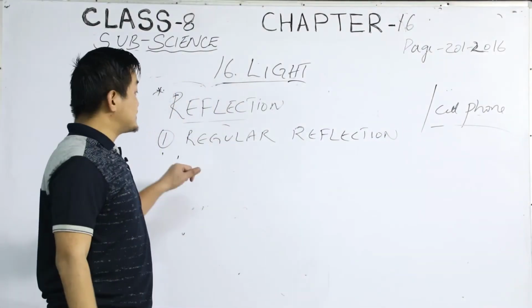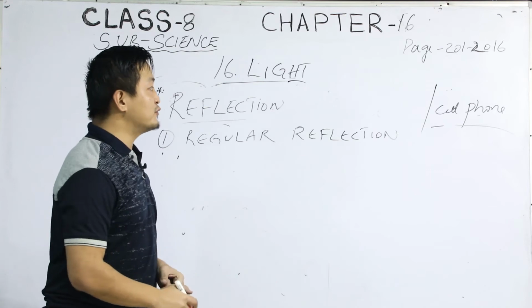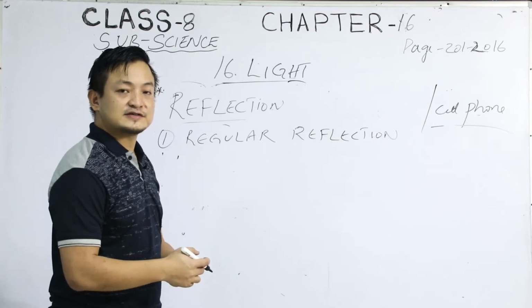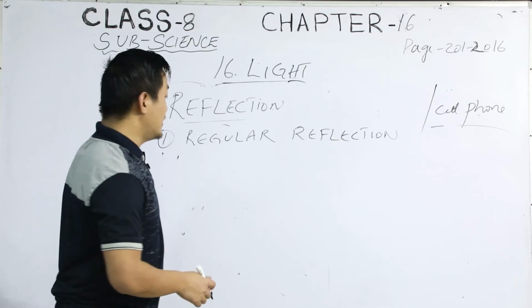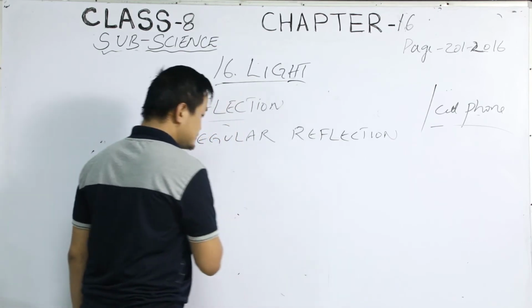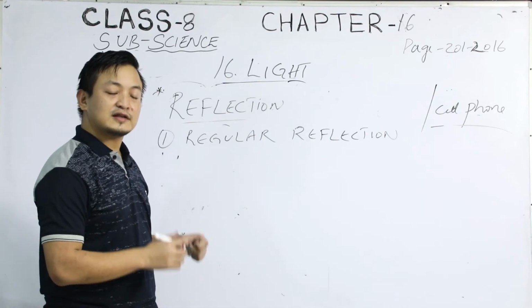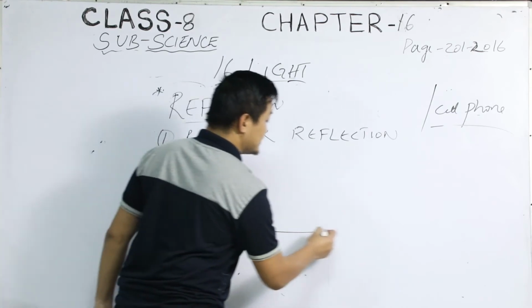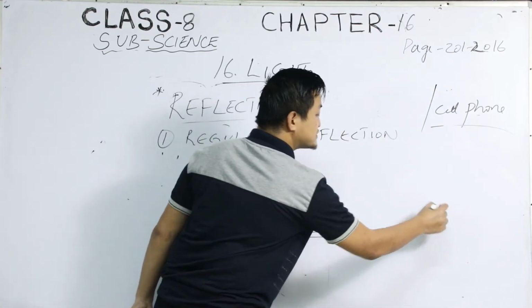So students, regular reflection. Now see, when we talk about any smooth surface, that will be a mirror. Light rays can come from any direction. So now see, this is a smooth surface.